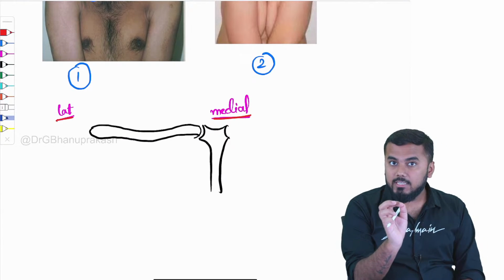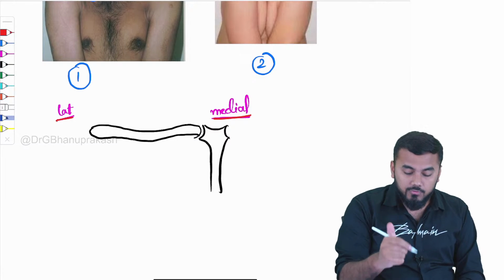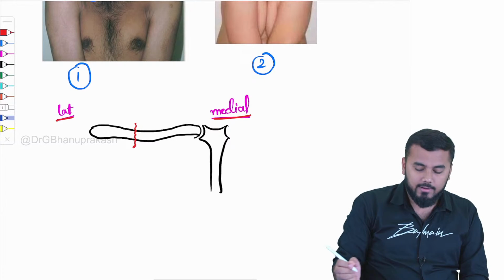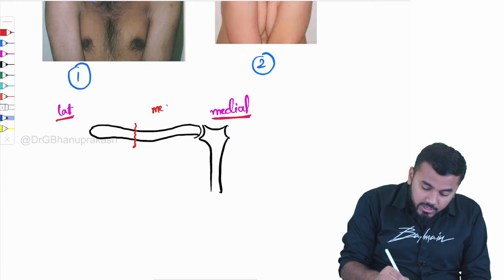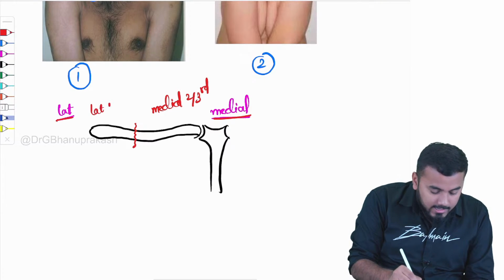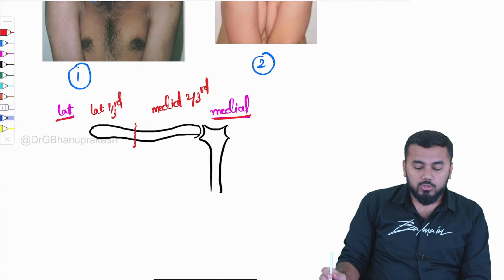Exactly which part is fractured? It is fractured at the junction of medial 2/3 and lateral 1/3.